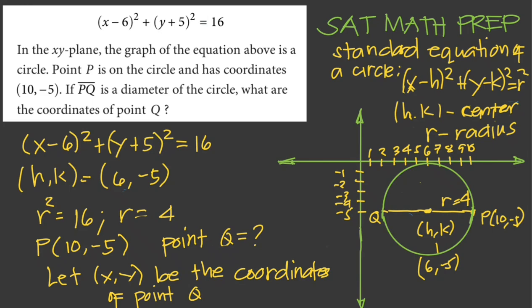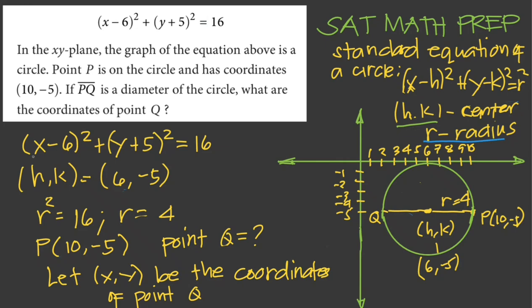So the standard equation of a circle is (x - h)² + (y - k)² = r², where (h, k) is the center of the circle, and r is the radius.